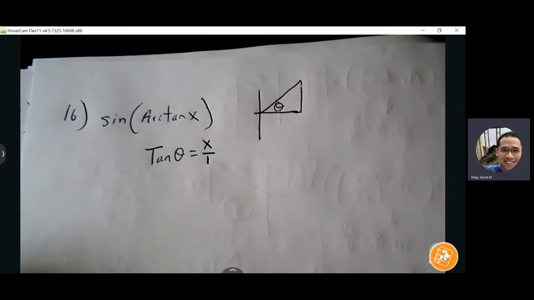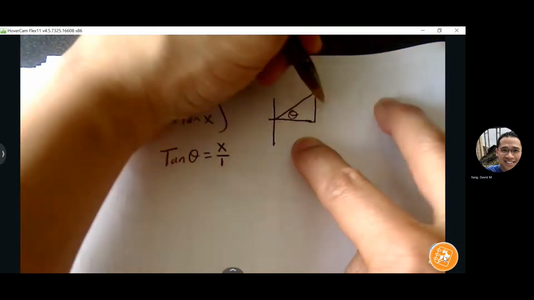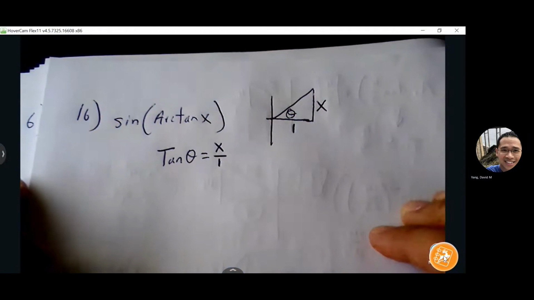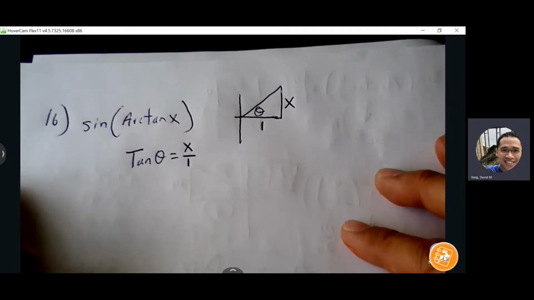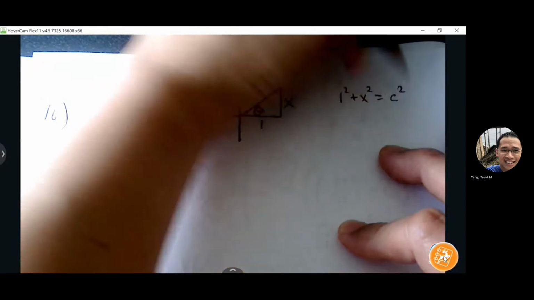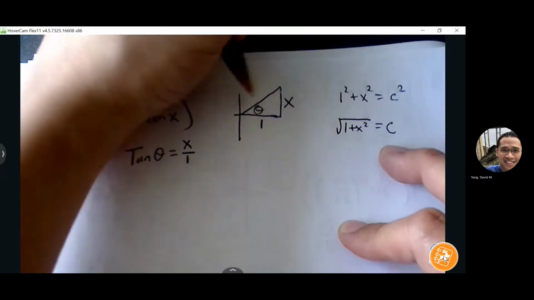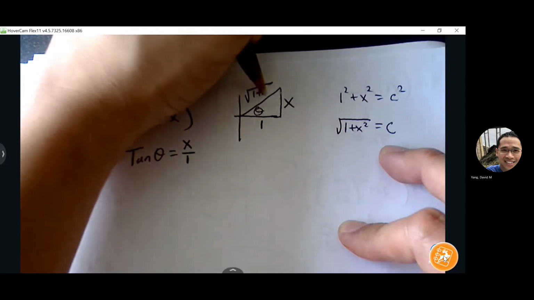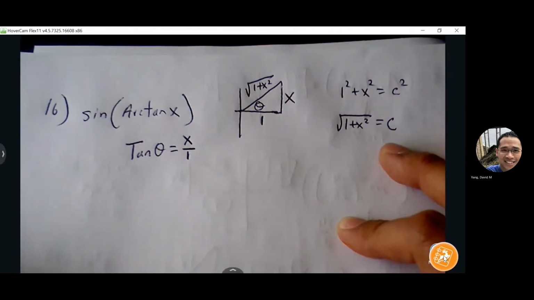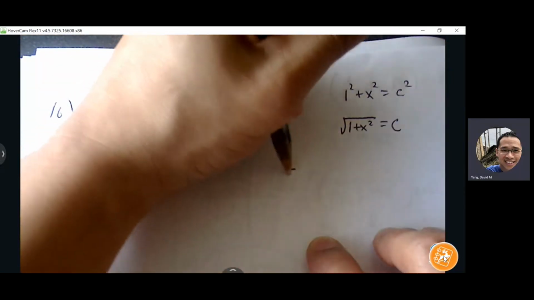Okay, so what sides can I fill? Pythagorean theorem helps me find my hypotenuse. Okay. What's sine of theta?